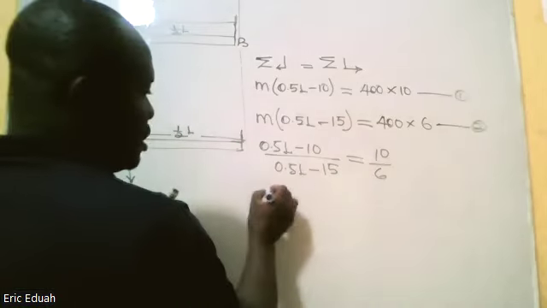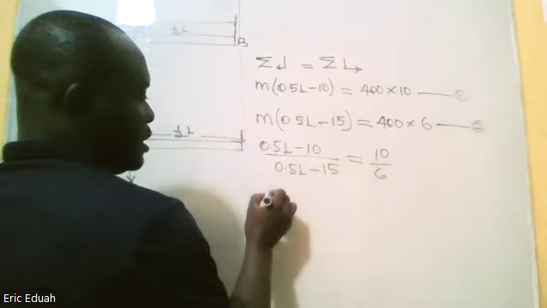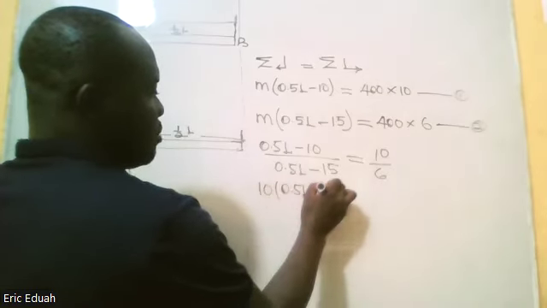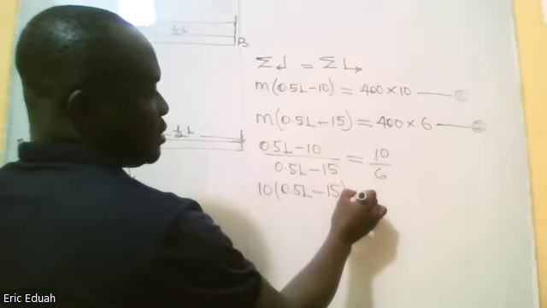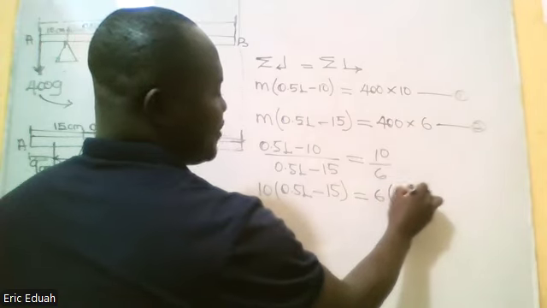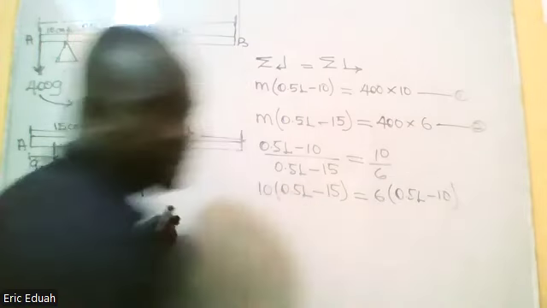All right, so when you cross multiply, you have 10 on 0.5 L minus 15 equal to 6 by 0.5 L minus 10.